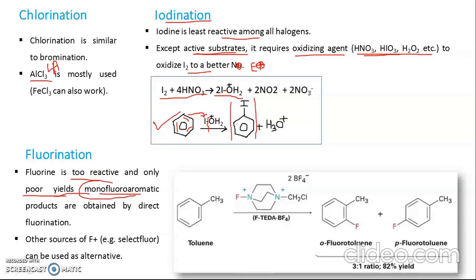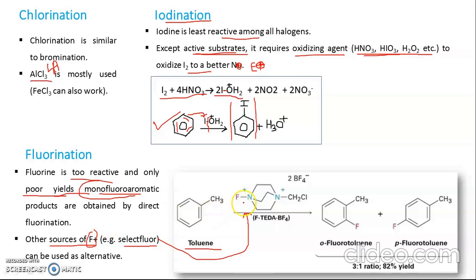So we have to find some solution for that. To generate F+, there are some other sources that you can use. For example, suppose you have taken toluene, and a very good example is Selectfluor. So Selectfluor is this molecule. Here you can see, F is the most electronegative atom in the whole periodic table, right? So obviously F+, positive charge over F, is so unrealistic, right?